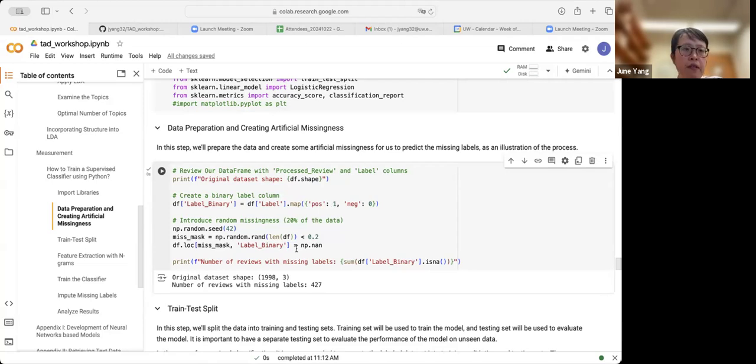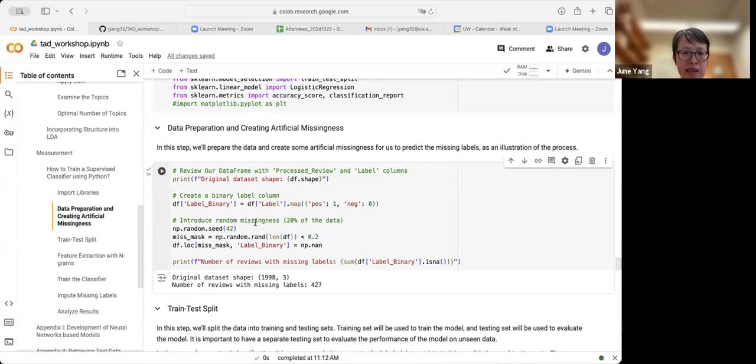Suppose you have a good measurement that you want to use for your modeling, but a lot of it is missing, or you only have the time to code a certain amount of your data set, and the rest is missing. You really want to impute this missingness in your measurement so that you can make it useful for your next step modeling. So this is what we try to do.